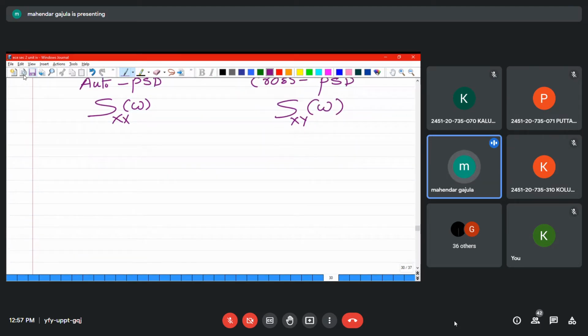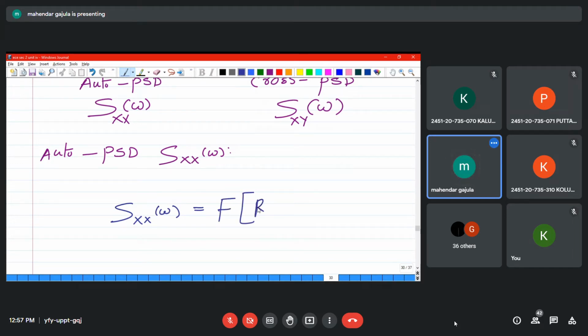Now let us begin with auto power spectral density. S XX omega can be obtained by applying Fourier transform on R XX tau.